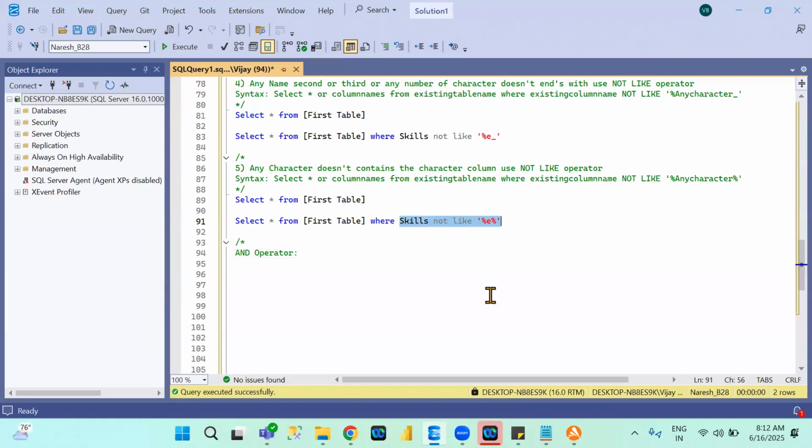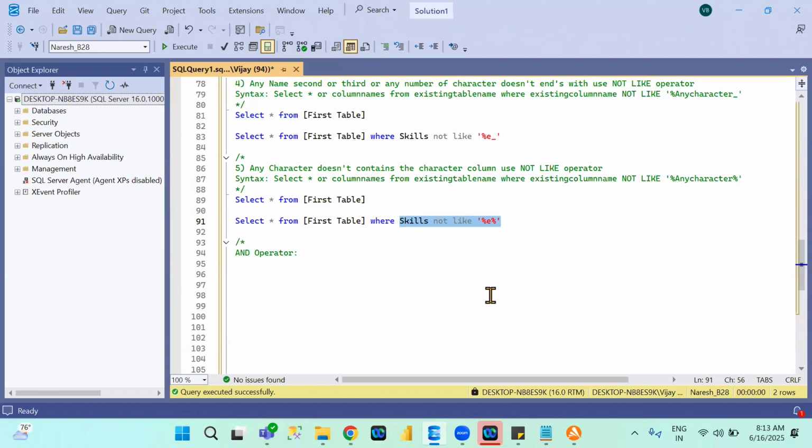Suppose you want to write more than one condition in where clause. Then you must ensure that in between the conditions, either AND operator or OR operator you have to use.